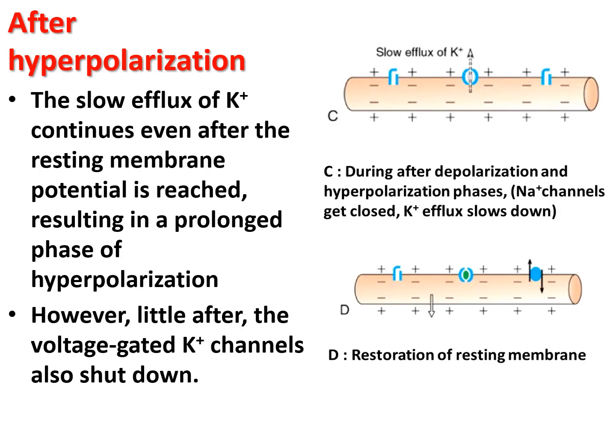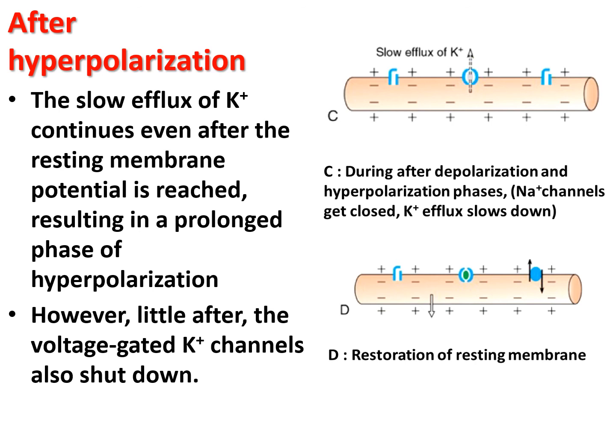Then, after hyperpolarization, the slow efflux of potassium continues even after the resting membrane potential is reached, and that results in a prolonged phase of hyperpolarization during which the membrane potential falls to -72 millivolts. However, a little later, the voltage-gated potassium channel also shuts down.